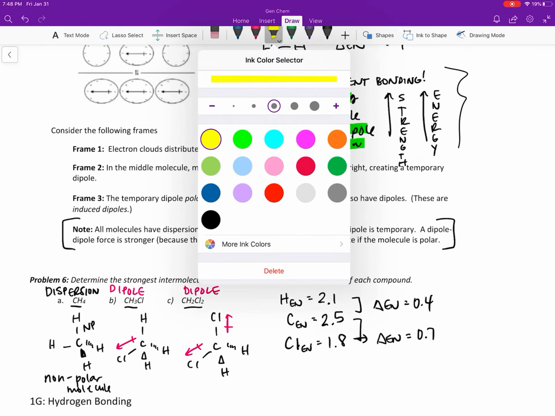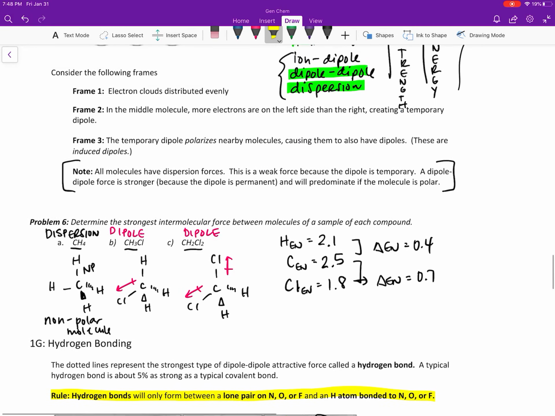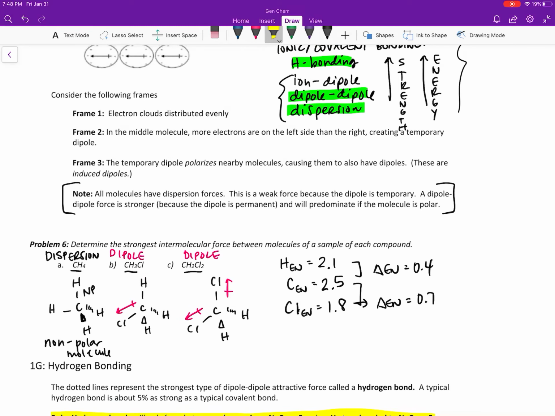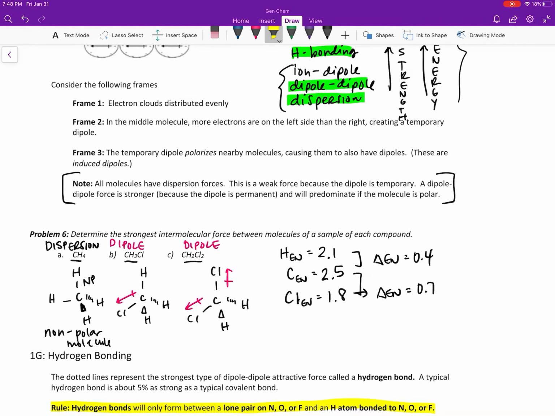Then we spent some time looking at the strongest intermolecular force. Remember that if hydrogen bonding is present, dipole-dipole and dispersion are present. If dipole is present, dispersion is absolutely present, but hydrogen bonding may not be. And in some situations, dispersion force is the only force present.